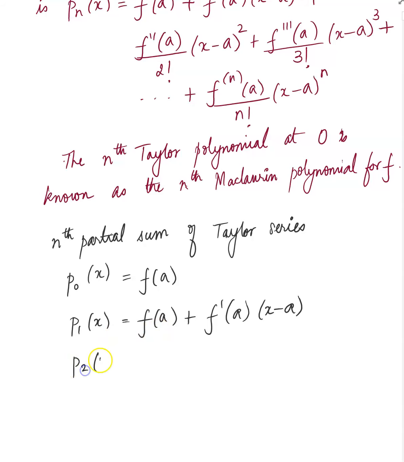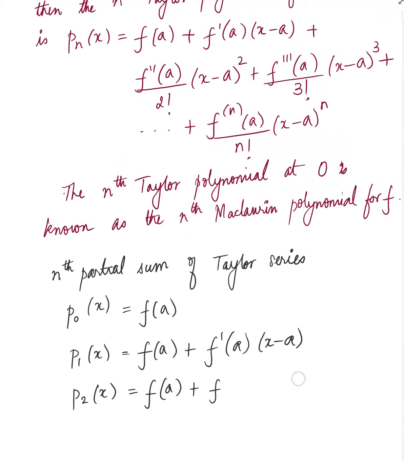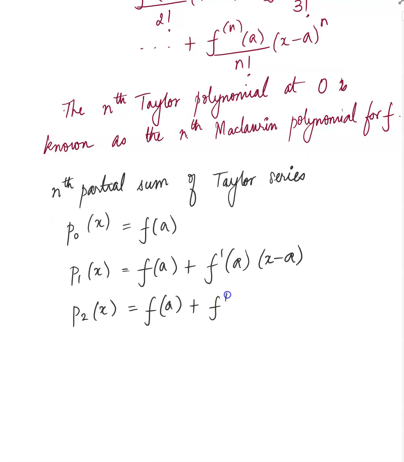Then you have P2 of x. Plug in n as 2 for this. So the first term, second term, and the third term would come into this. f of a, because the first term was just f of a, there was no n in it, so f of a is going to be there in every term. So you'll always have one more term. So for P2, you'll have 3 terms.